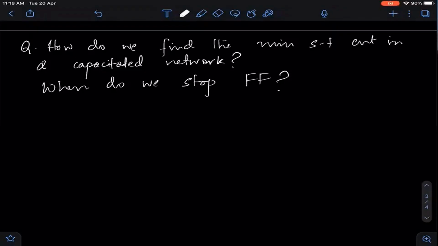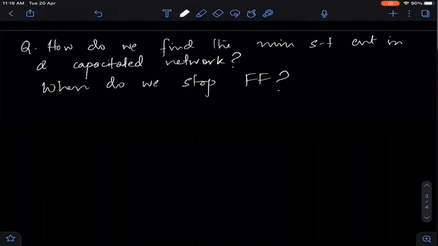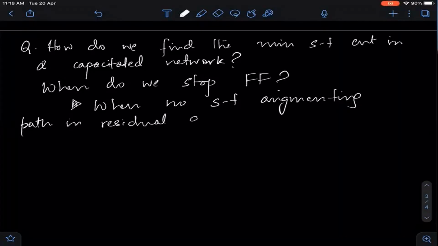In which graph? When the residual capacity of every ST path is 0. So the answer is when there is no ST augmenting path in the residual graph. That is where you stop the Ford-Fulkerson algorithm.